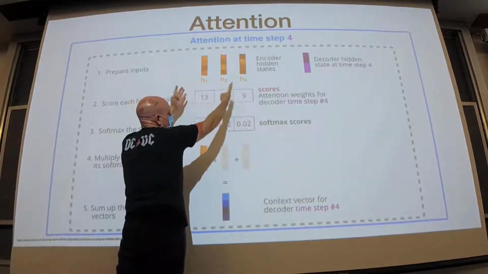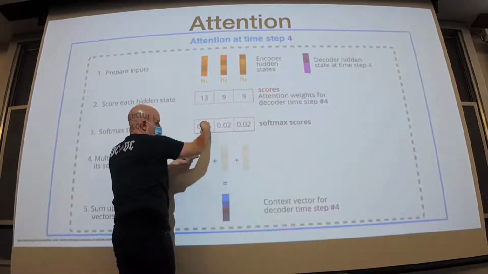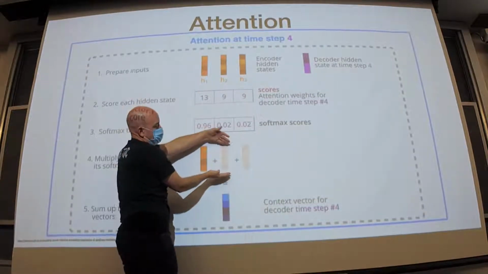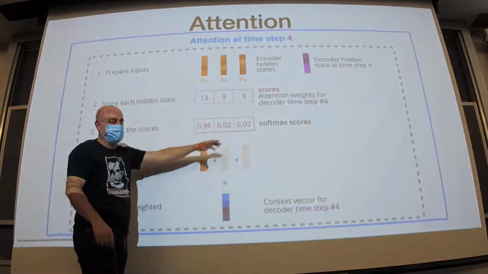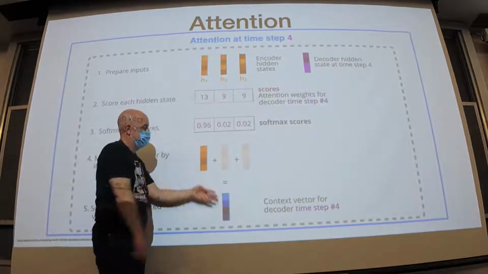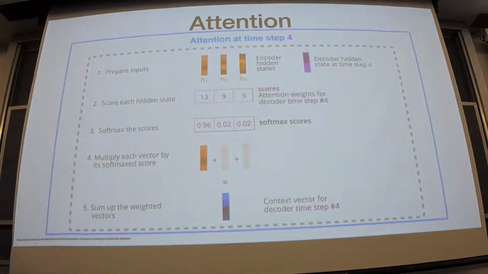You compute these scores, which is something like a dot product. You get this. You pass through softmax. You multiply those coefficients times those vectors. This has become grayed out because these are very small coefficients, right? So this isn't contributing very much to the final output while this is, and then that becomes the context vector that goes into the next step. So that's just the math all over again in that step.